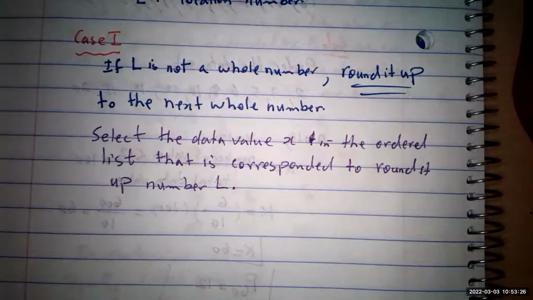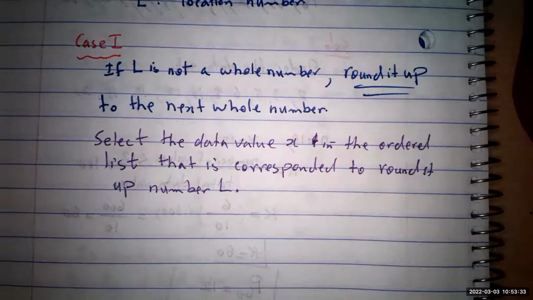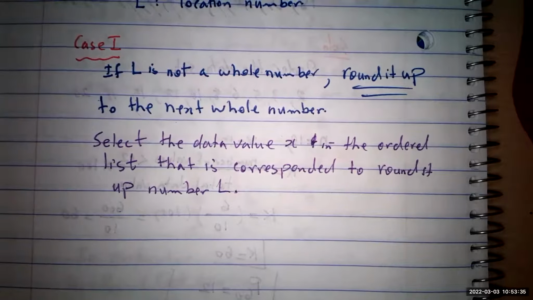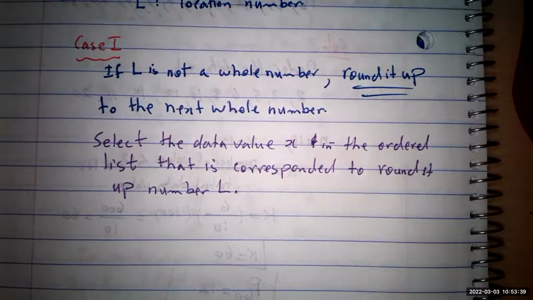The number is not a whole number, you change it to the whole number, and then you go to the list and pick it. That gives you the position. You identify what value is on that position. That's case one. Any question?